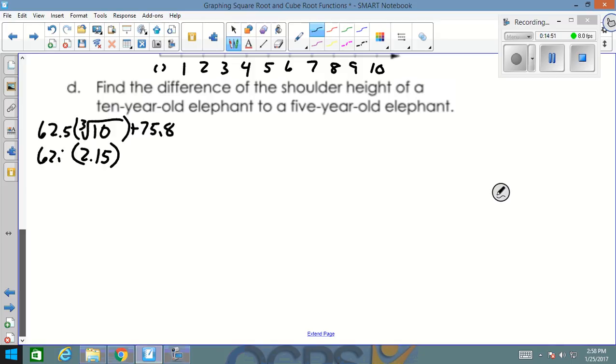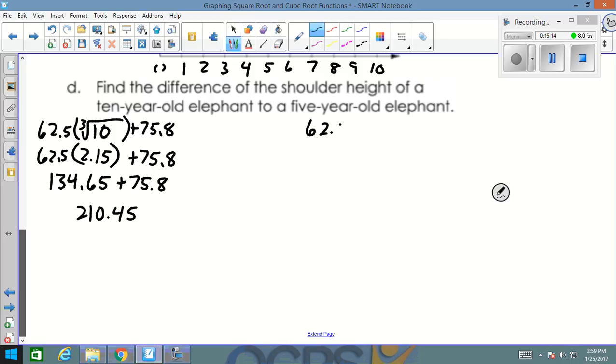Times that by 62.5, 134.65, roughly. And we add 75.8 to that, 210.45. And then we're going to do the same thing.